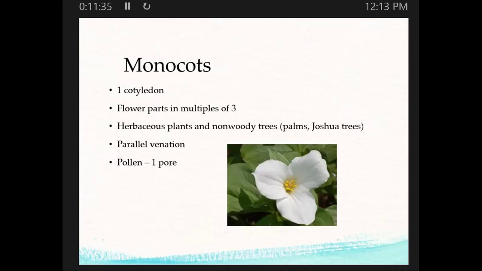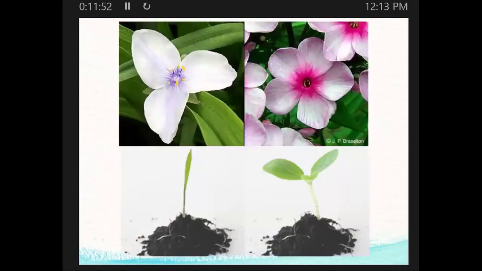They have parallel veins in the leaves, so the veins run pretty much parallel with each other, and just one aperture or pore in the pollen grain. Please spend some time thinking about these traits of what makes a monocot versus a dicot. It's a good rule of thumb.